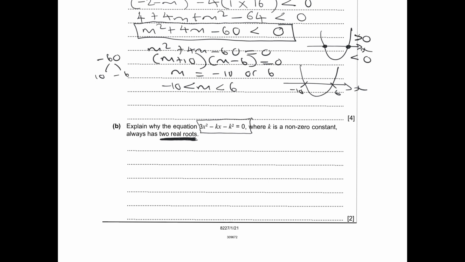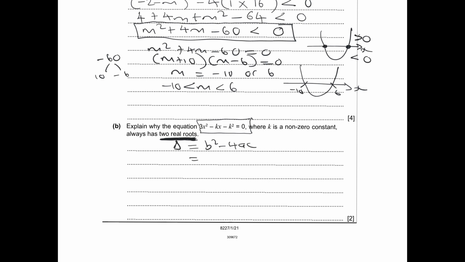All right. So the discriminant that we can extract from this equation should be greater than 0 because we are having two distinct or two real roots. So our discriminant should be greater than 0. All right. But to explain there, we are saying there is our discriminant, which is equal to what? b squared minus 4ac.